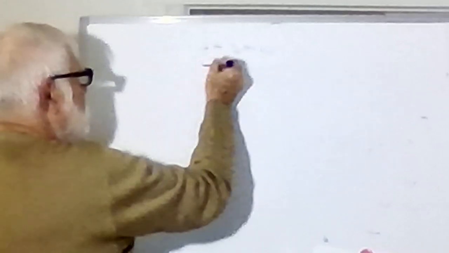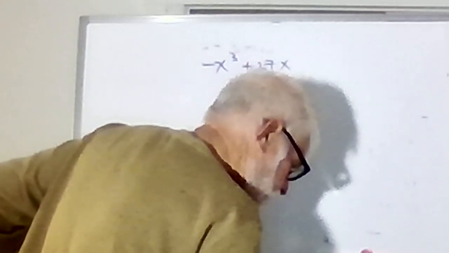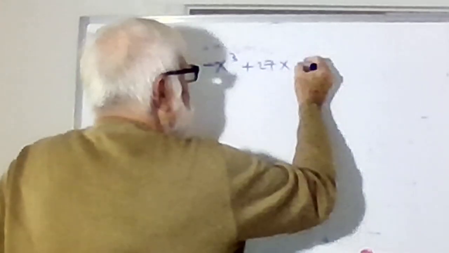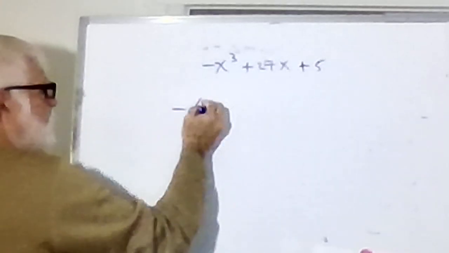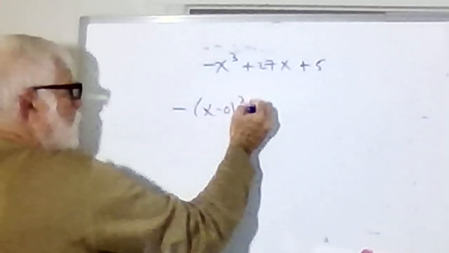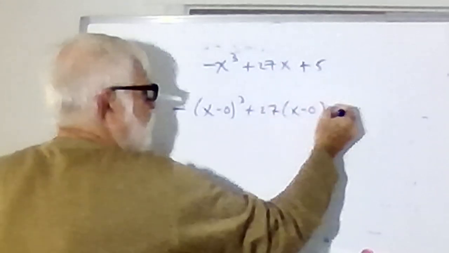Find the local maximum for minus x cubed plus 27x plus 5. This is actually graphing form for a cubic. So we really have minus x minus 0 cubed plus 27 times x minus 0 plus 5.